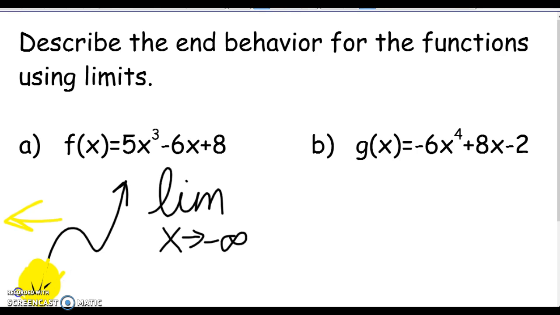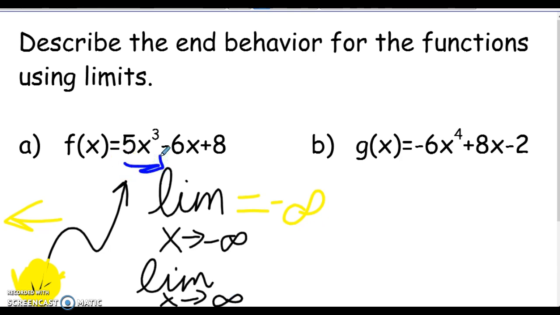As x gets smaller and smaller, y is going to negative infinity. Then what's the limit as x approaches positive infinity? Well, that's over here. As x gets bigger and bigger, y is approaching positive infinity.